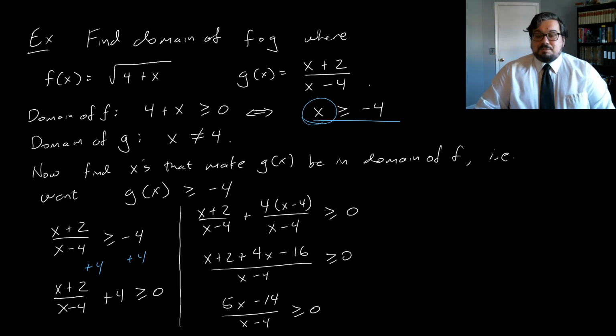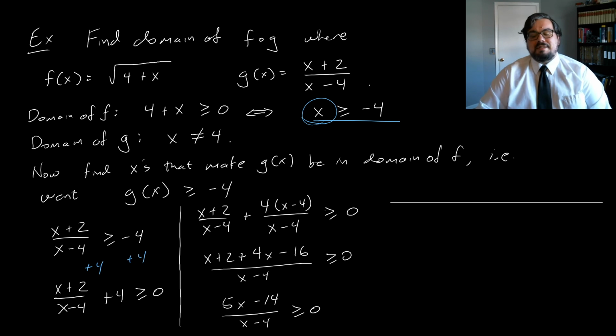Now remember, at this point, we want to take our number line and split it up. And we're going to split it up at any point that makes the numerator or denominator equal to 0. So the denominator is equal to 0 when x is equal to 4.